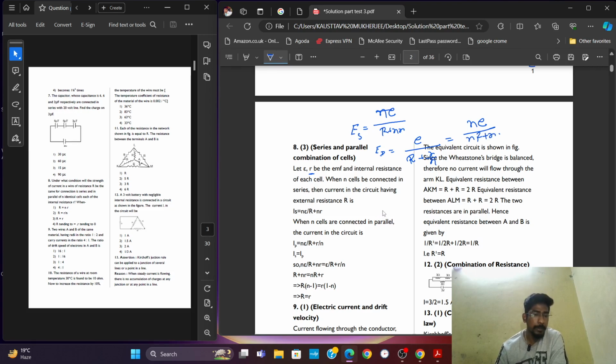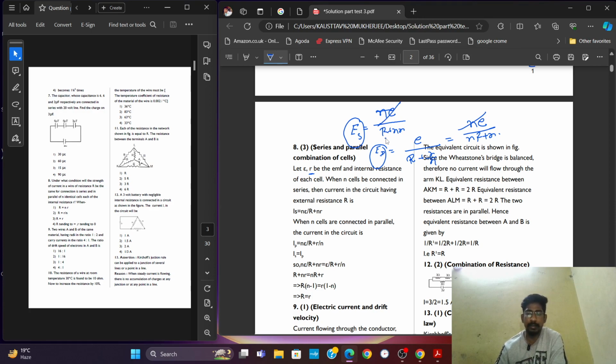In the question it is said that the current in the wire of resistance R is the same for connection in series and in parallel of identical cells. So if these two are equal, I can say the common terms cancel out, right?